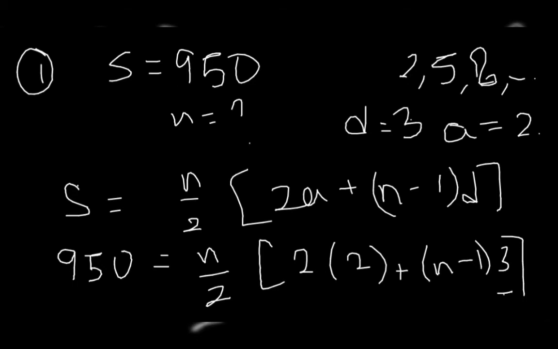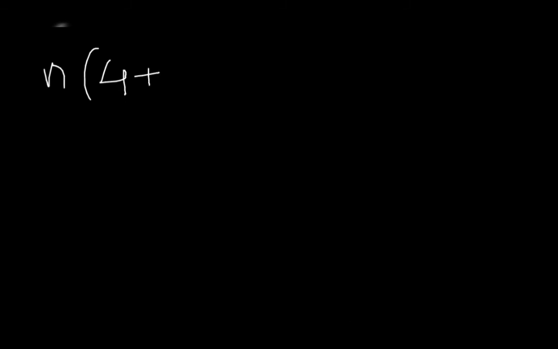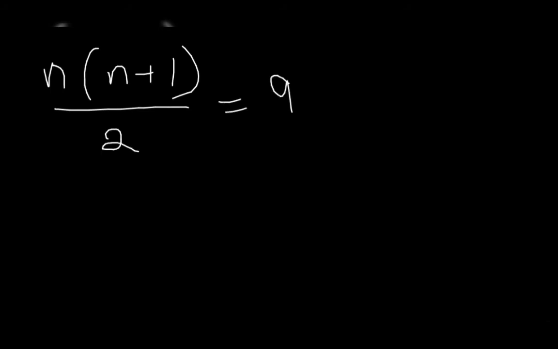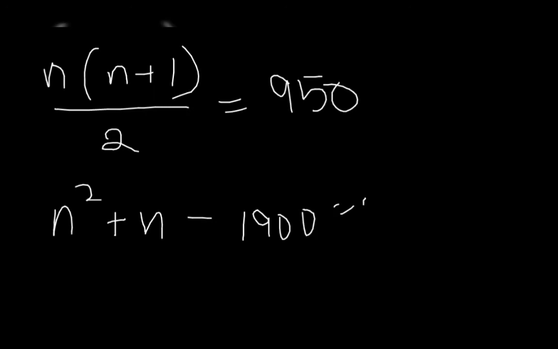So it will be n into 1 plus 3n, divided by 2, is equal to 950. So 3n squared plus n equals 950 into 2. How much is it? 1900.